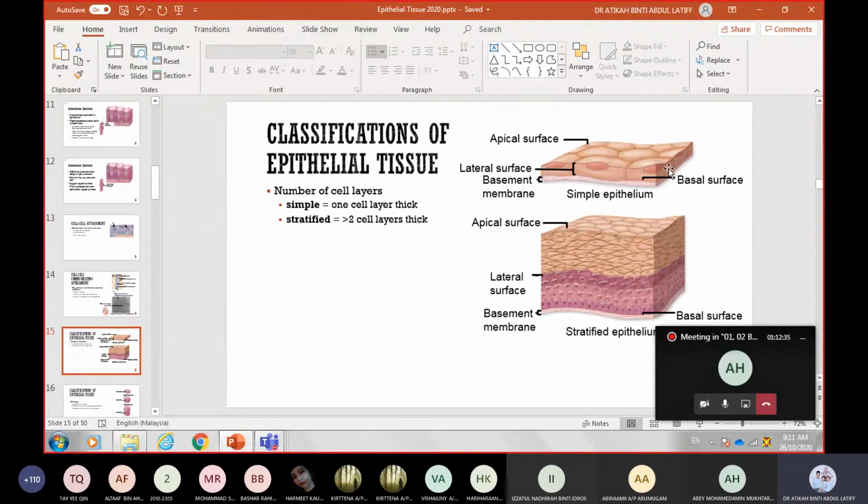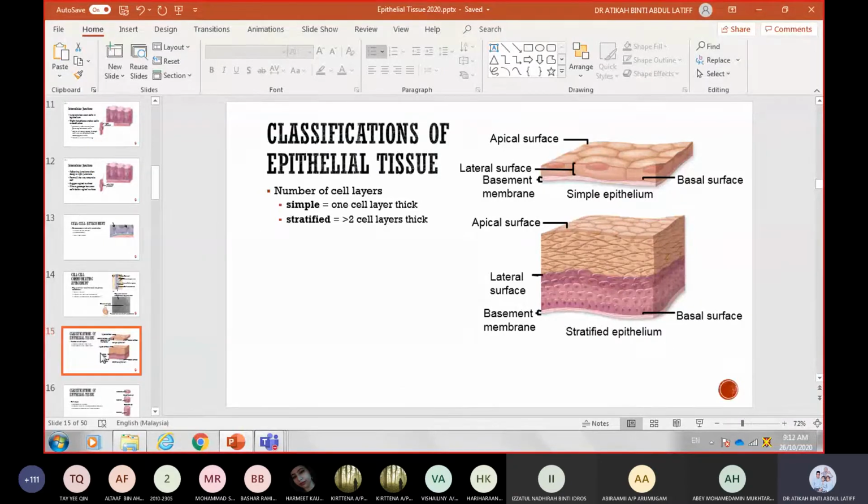So for example here, you can see this is the epithelium and this is the basement membrane, and this is only one cell thick, so we call it simple epithelium. But here, from here to here, this is all epithelial cells, and you can see there are many layers, so we call it stratified epithelium.